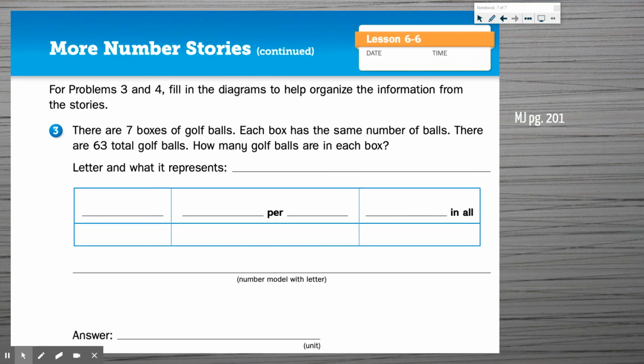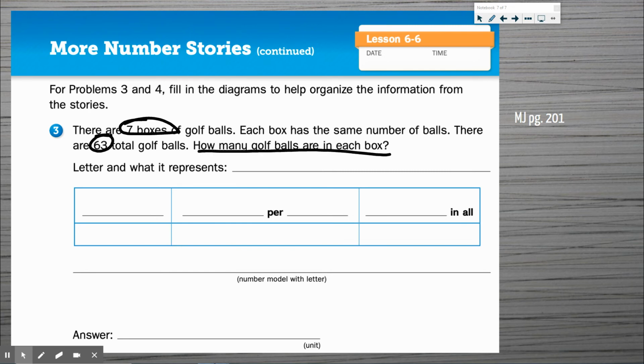All right, this is page 201. A little bit trickier. We have to fill in the labels. So there are 7 boxes of golf balls. 7 boxes. Each box has the same number of balls. There are 63 total golf balls. How many golf balls are there in each box? Question, each box.